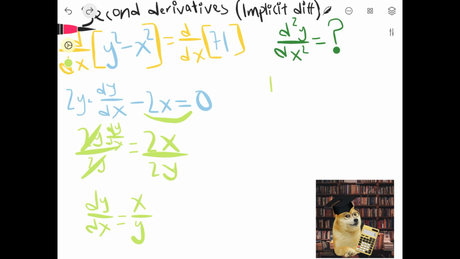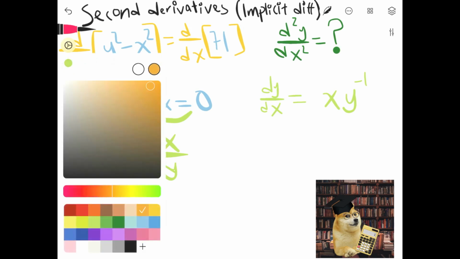So we will be writing this down here. dy/dx will be equal to x, and we can just pass the y to the top next to the x, meaning that it is y to the power of -1.